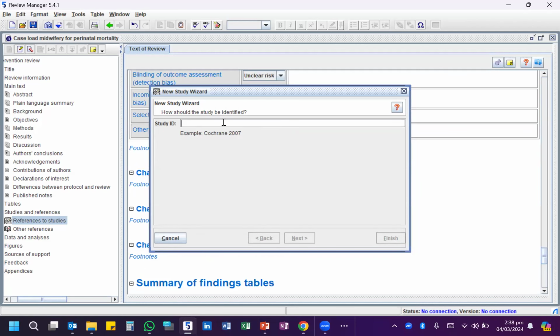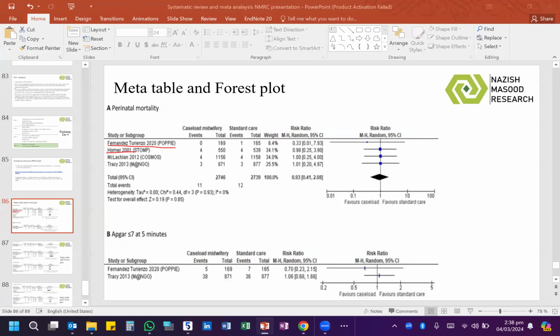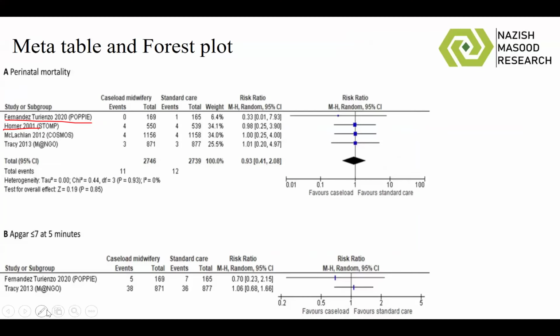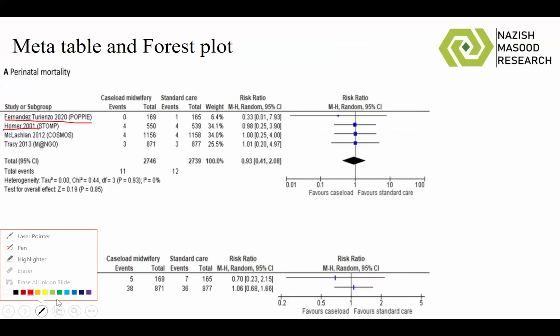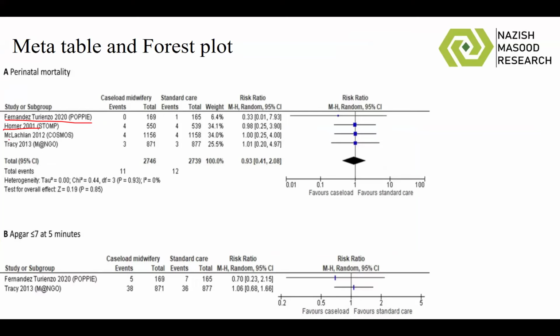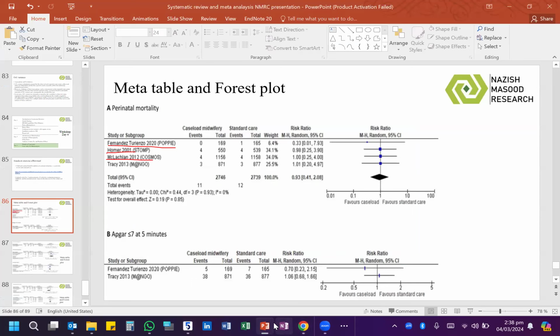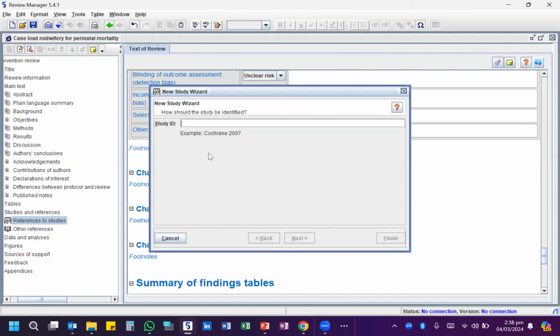And then the next study that we'll add will be this McLachlan 2012, the third one. McLachlan 2012. It doesn't really matter if you get the names wrong, doesn't matter. Just follow my lead for now.